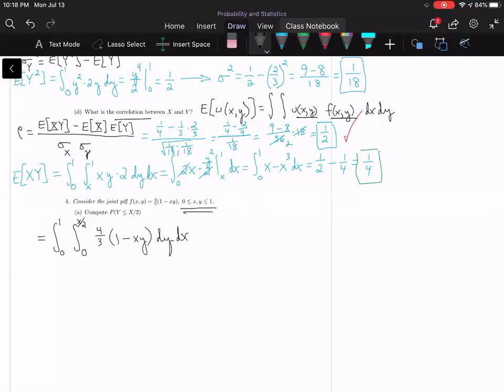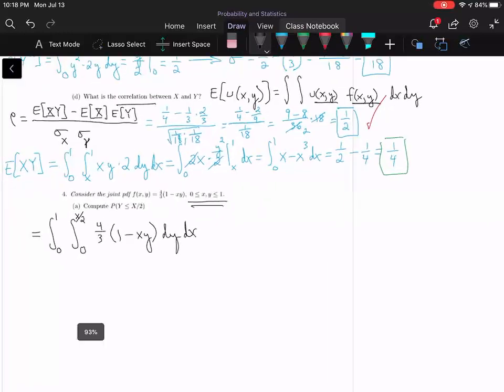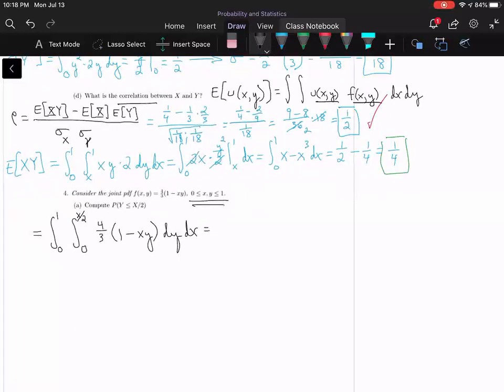So from here, you always do the inner integral first. So we have 4/3 integrating with respect to y. We have y minus x y squared over 2. And y is being evaluated from 0 to x over 2. So we've got that 4/3, which is constant.